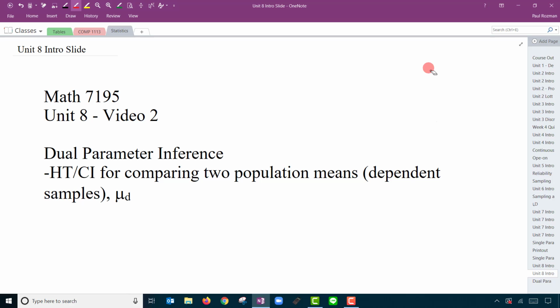We often use this test in situations where we're testing a subject and then testing them again later. So it's sort of like a before and after comparison. So we have this dependence on the subjects where they're essentially in both samples. So that's what we're going to do here today. Let's get right to it.